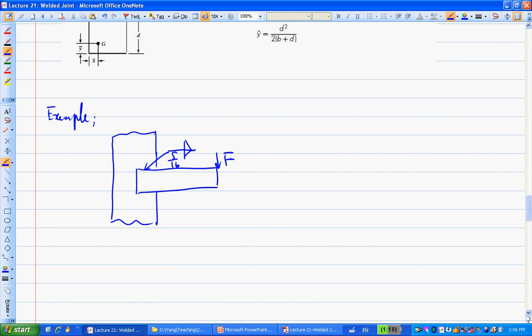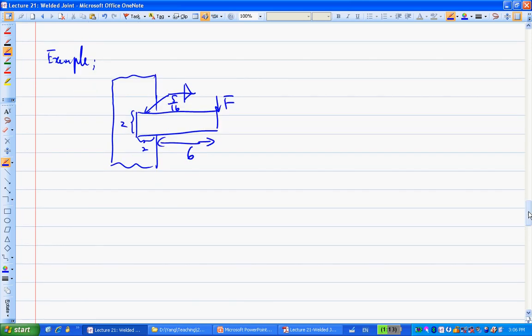Okay, there's welding information, and this is 2, this is 2, this is a 6, okay, like this. So let's calculate the stress at the critical location. Then next lecture we'll look at the strengths there.